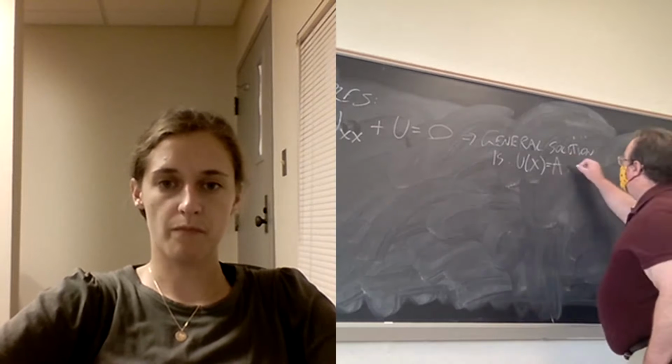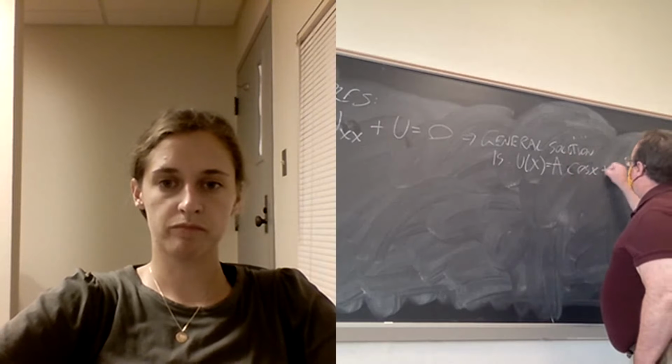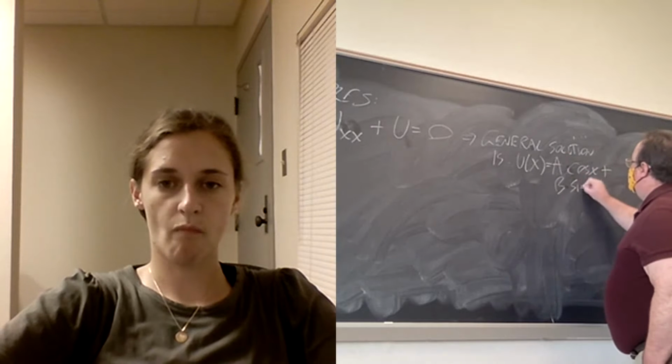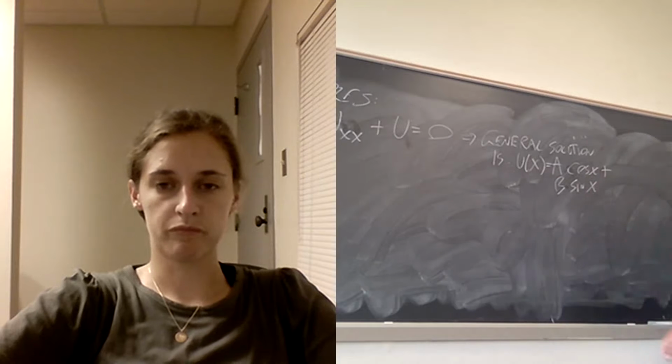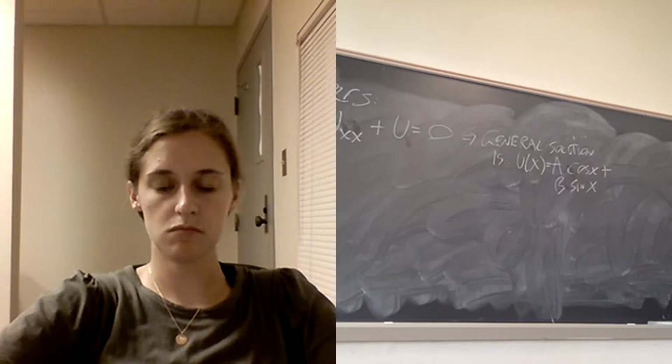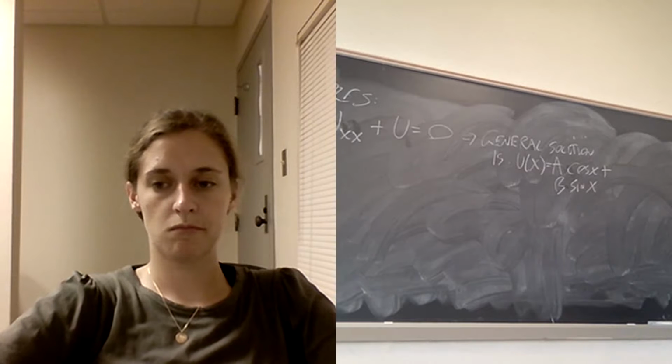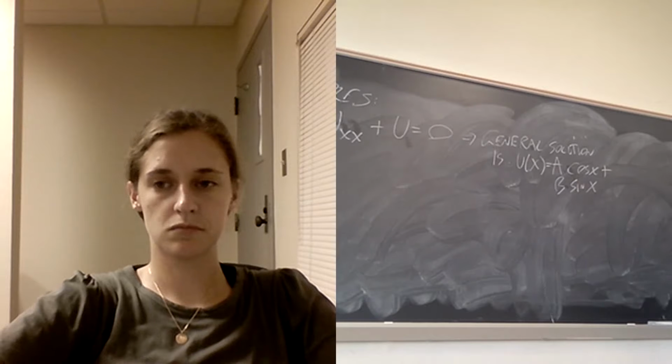So I can write down a cosine x plus b sine x. So the values of a and b would depend on the boundary conditions, if we're going to specify a spatial domain for this PDE.